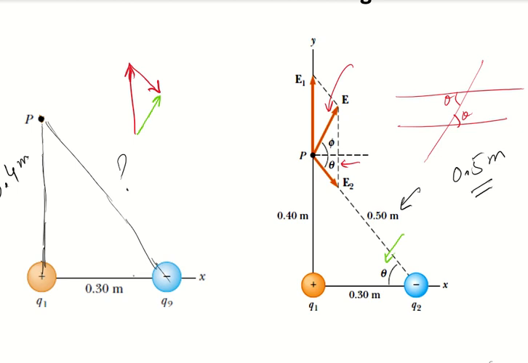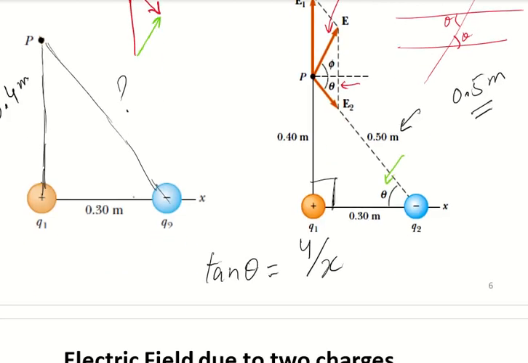And if you know a little bit of trigonometry, then you know how to determine this angle theta in this right triangle. That is tan theta equals y over x, and from here you get theta equals tan inverse of y over x.